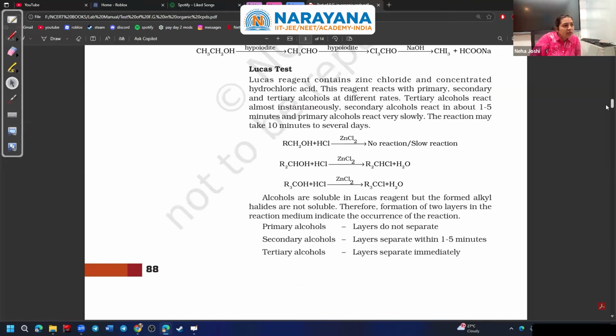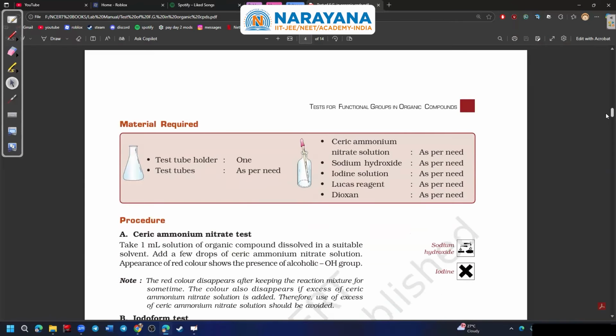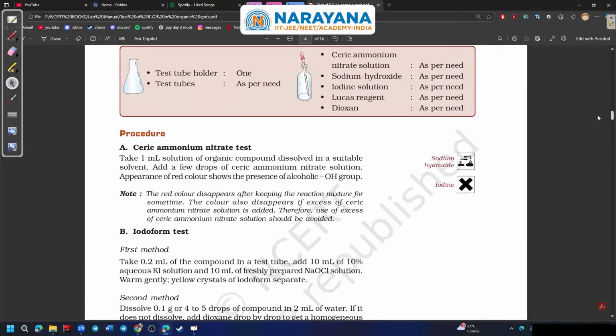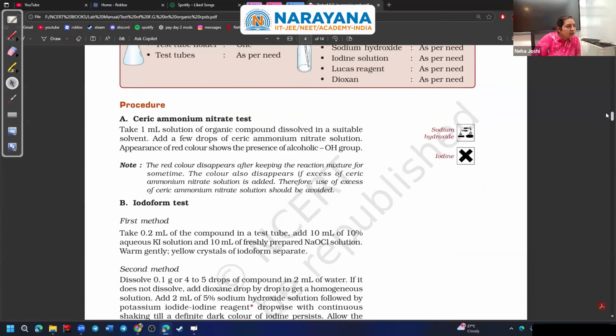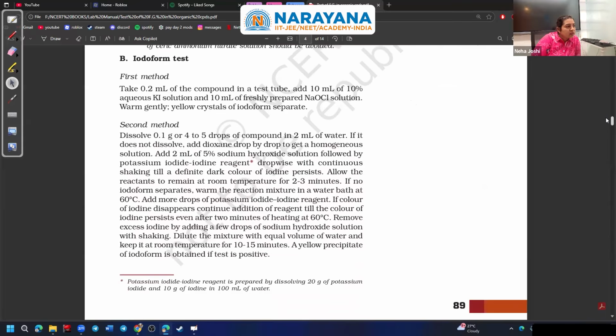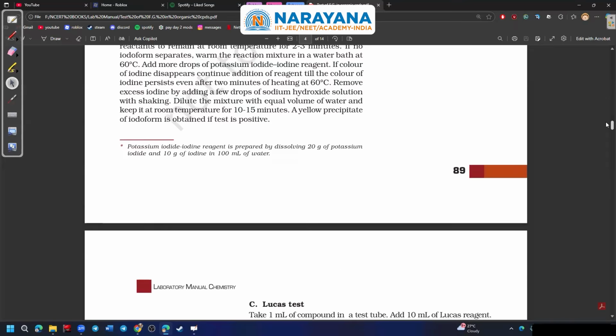The red color disappears after keeping the reaction mixture for some time. The color also disappears if excess of ceric ammonium nitrate solution is added. Therefore, use of excess ceric ammonium nitrate solution should be avoided. Iodoform is given in the lab manual.